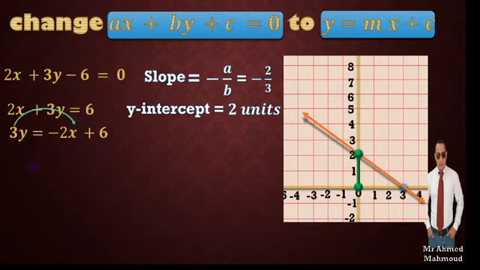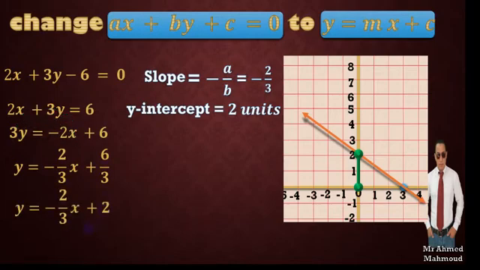Then y will be negative 2 over 3 x plus 6 over 3, the whole equation divided by 3. I will simplify: negative 2 over 3 stays the same, and 6 over 3 equals 2. So by looking carefully at this equation, negative 2 over 3 is the slope, as I said before, and plus 2 is the y-intercept.